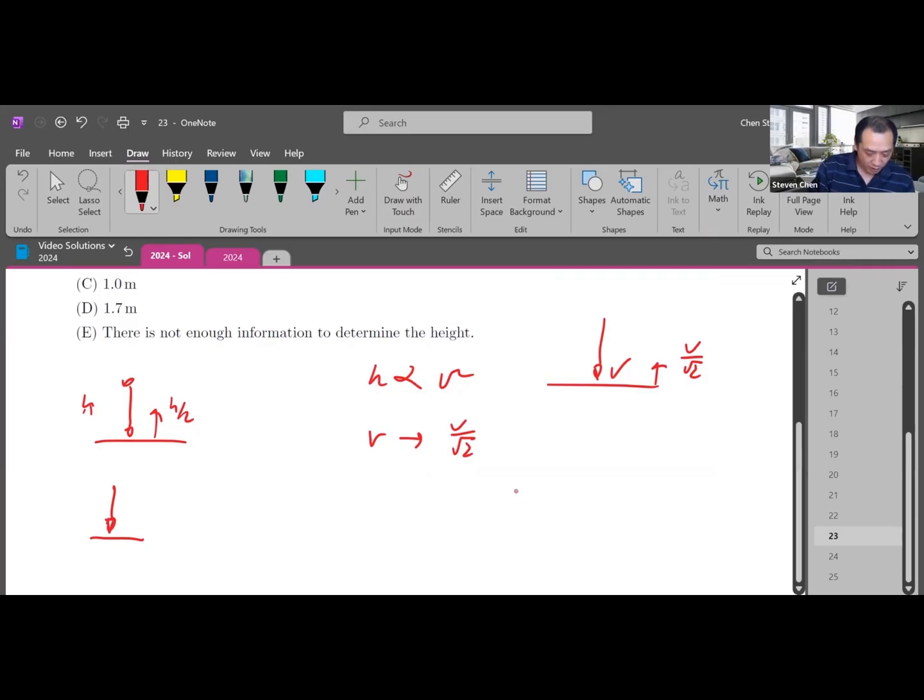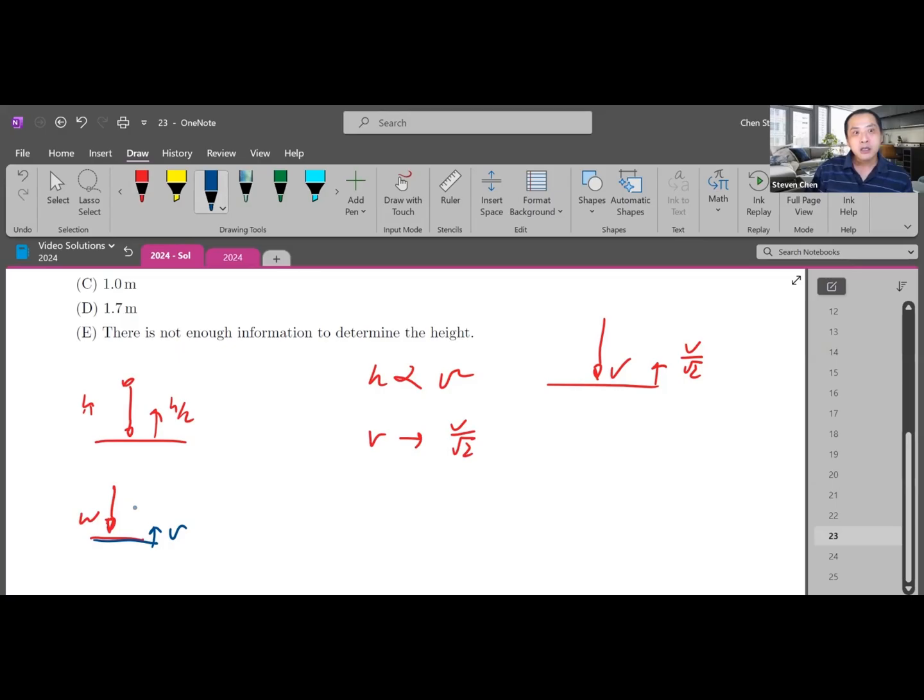Let me call the speed that the ping pong ball has before the collision w. And at that moment, let's say we give the paddle an upward speed called v.